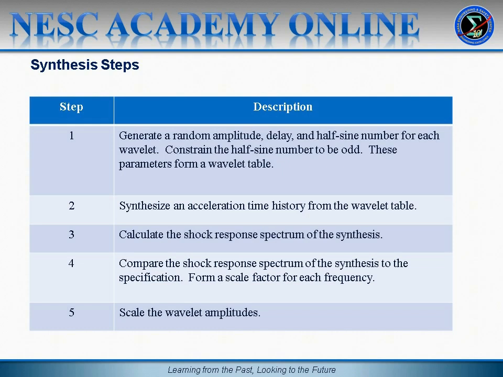The frequencies will be at a predetermined step of 1/12 octave, or some other step according to our choice. Step number 2, synthesize an acceleration time history from the wavelet table, and that's rather straightforward using the equation that we saw several slides ago.